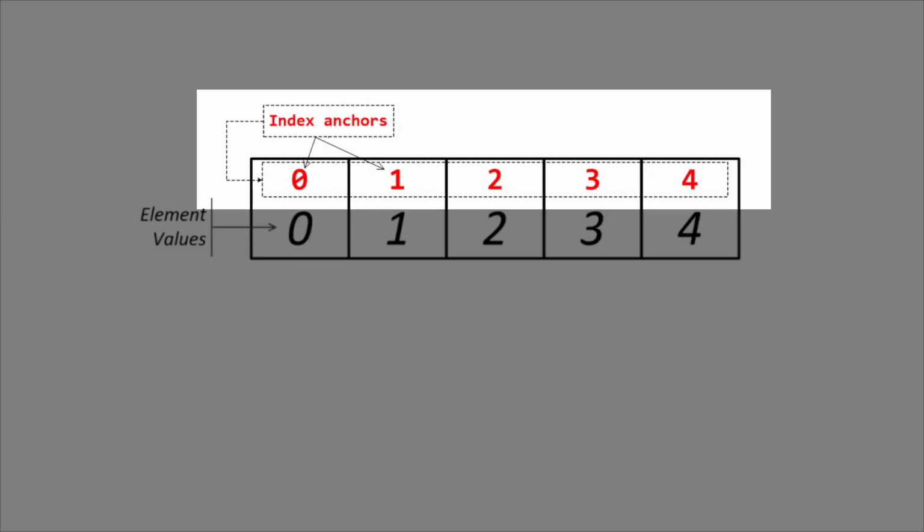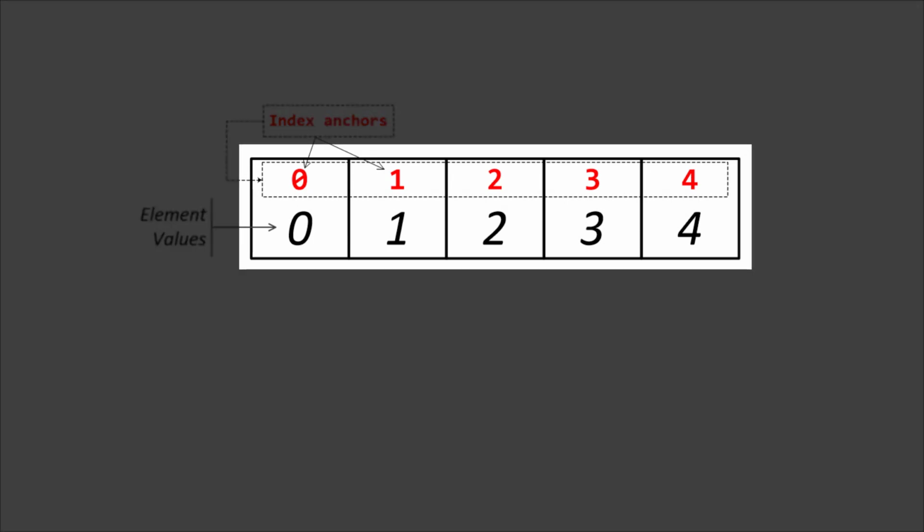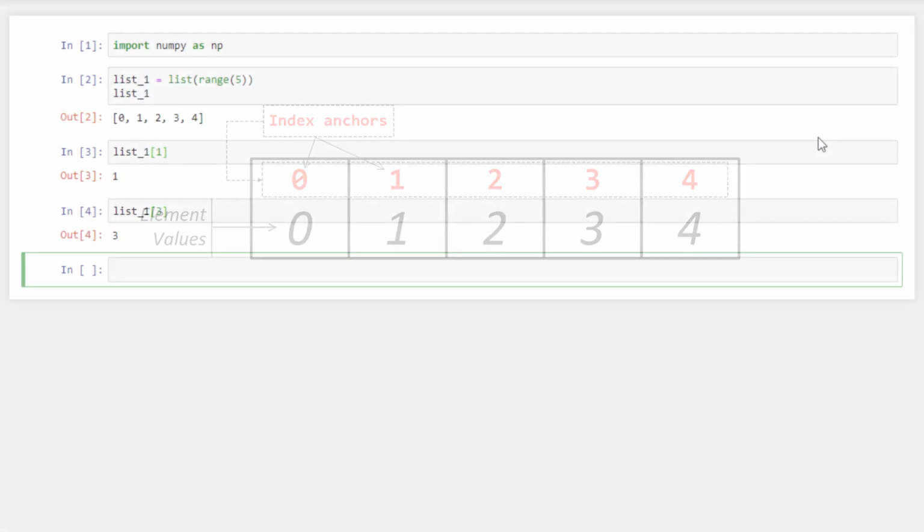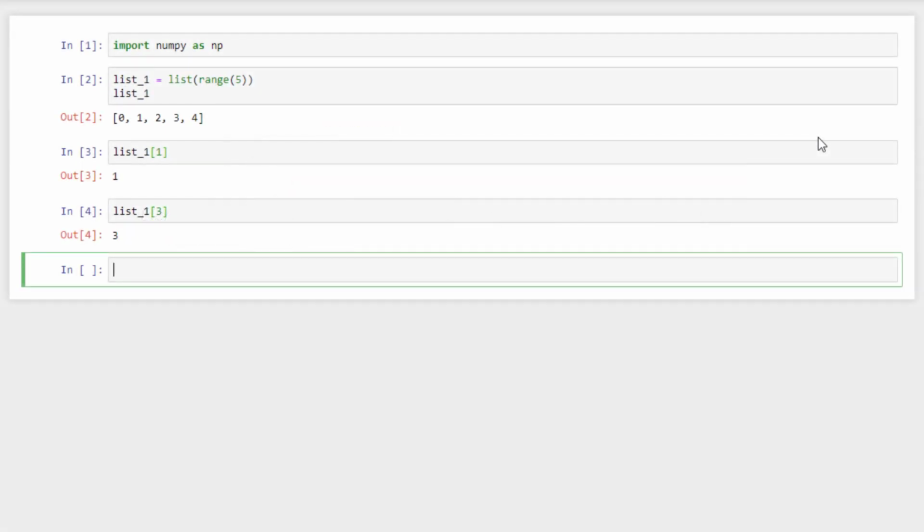The smaller font red numbers on the top of the boxes are index anchors. They also begin from 0, and the index anchors and the elements form a one-on-one association. They are positioned at the same place. And because of this simple notation, the examples introduced earlier works.